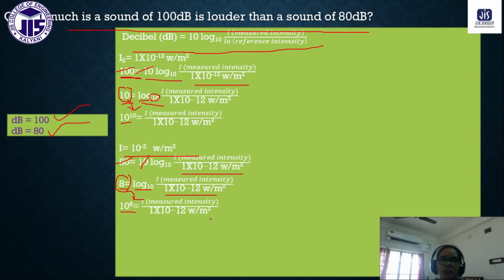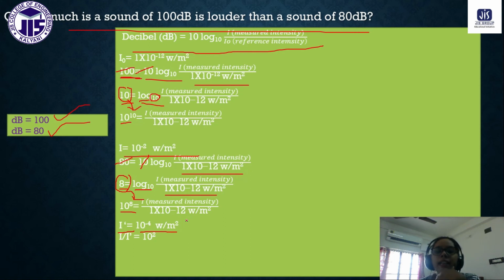Next, as we have used I for the 100 decibel sound, here we use I prime. So I prime equals to 10 to the minus 4 watt per meter square. This is the intensity we have got from the 80 decibel sound. Now what is the ratio? If we take the ratio, we get 10 square.